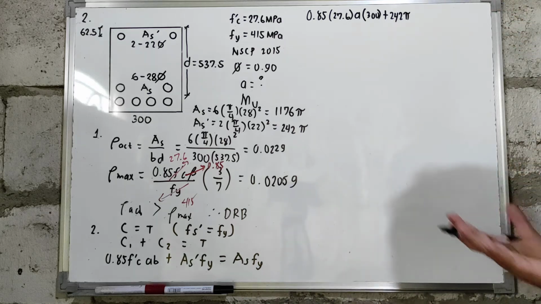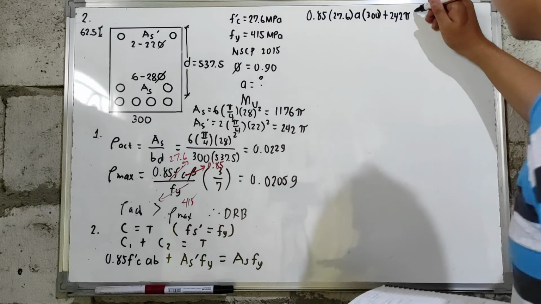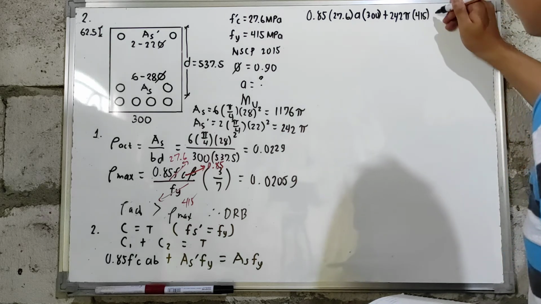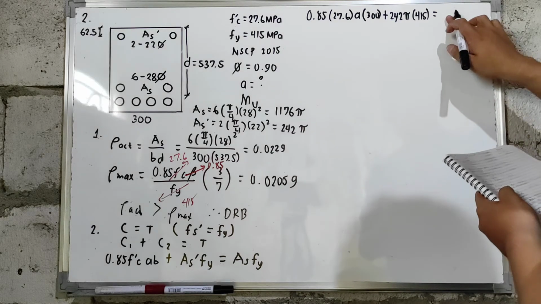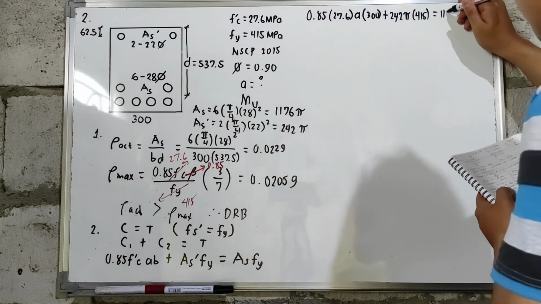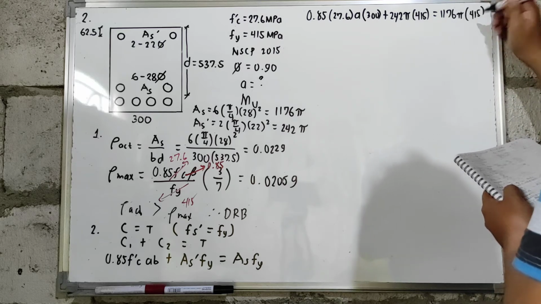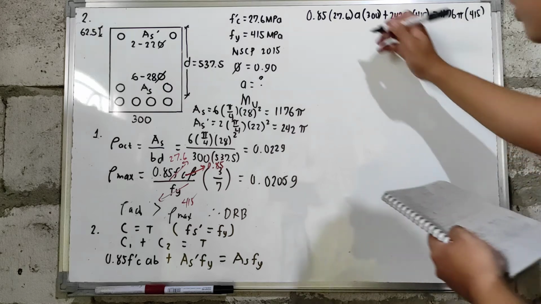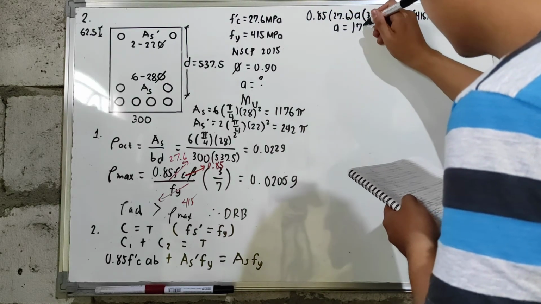Since the compression steel still yields, Fs prime is equal to Fy, which is 415 megapascal, equals A S, which is 1176 pi, multiplied by 415. So we solve, and we can now calculate the value of A, which is equal to 173.02.